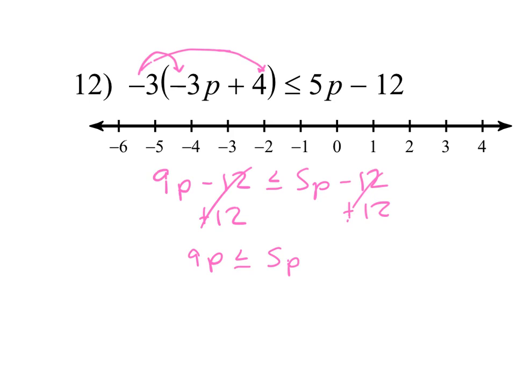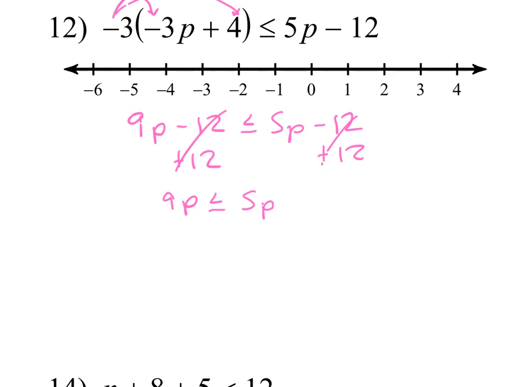What should we do next? How do we combine our p's together? Subtract 5p. Perfect, we subtract 5p.